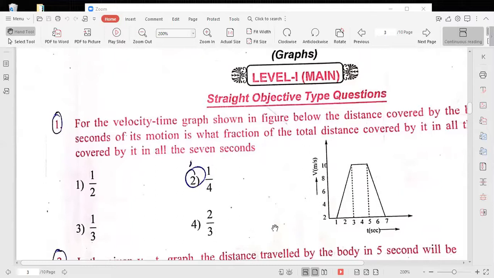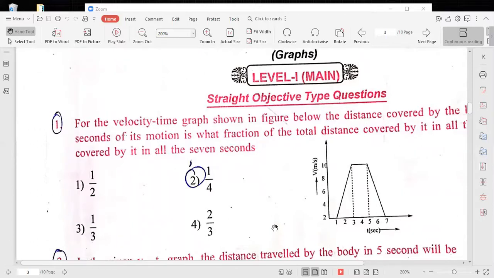You see the graph. Exercise 3, level 1, page number 81, problem number 1. Okay, here you see the problem.